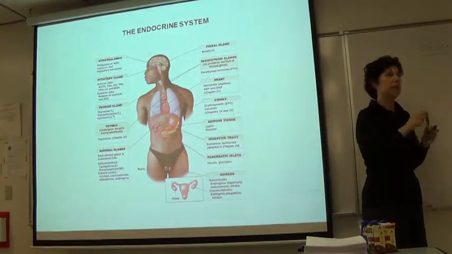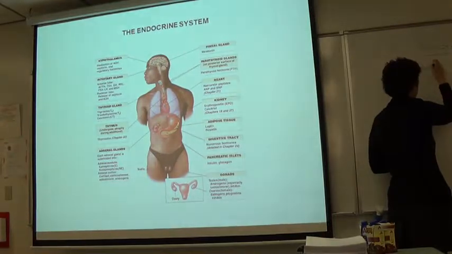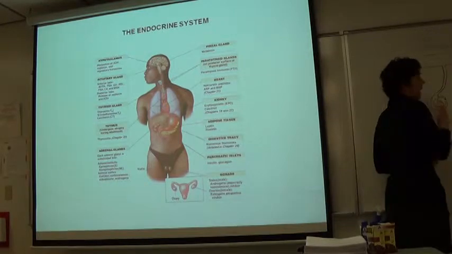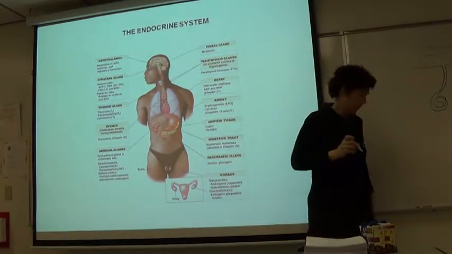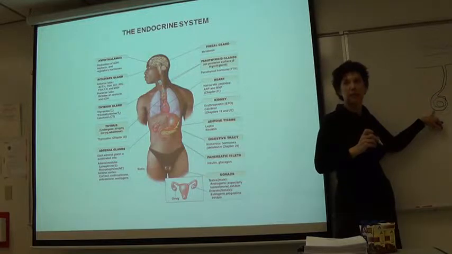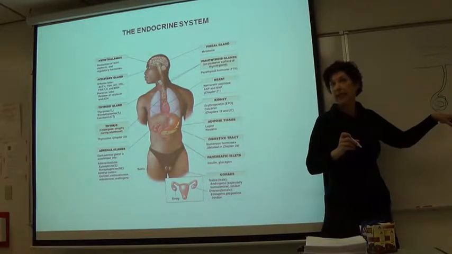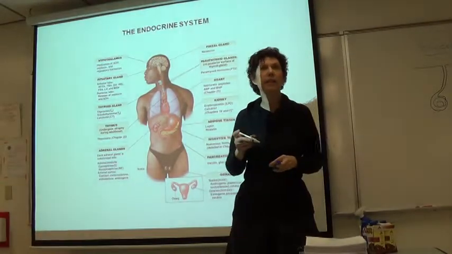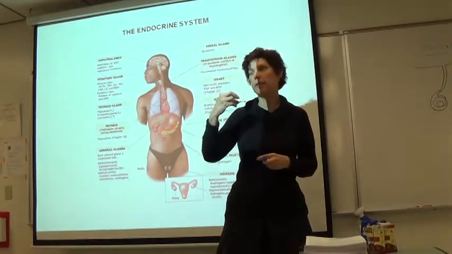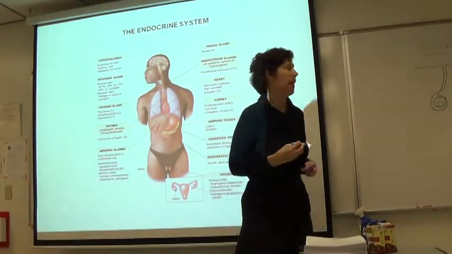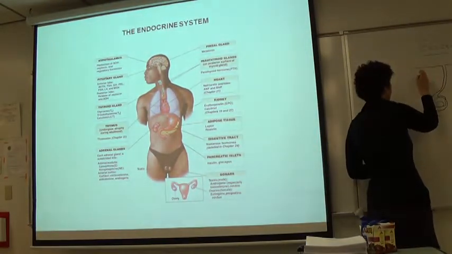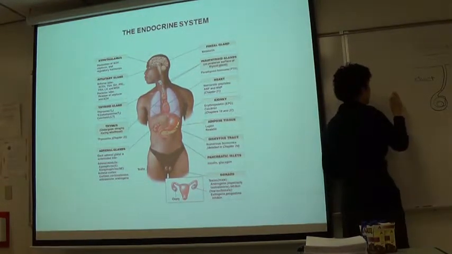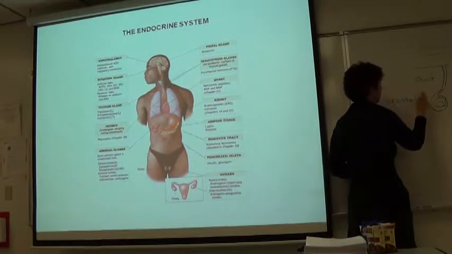One has a connection to the surface. So this could be a sweat gland or a sebaceous gland. If we're talking about the pancreas, enzymes that the pancreas synthesizes are sent to the small intestine via ducts. All right, so there's always this connection to the surface via a duct.